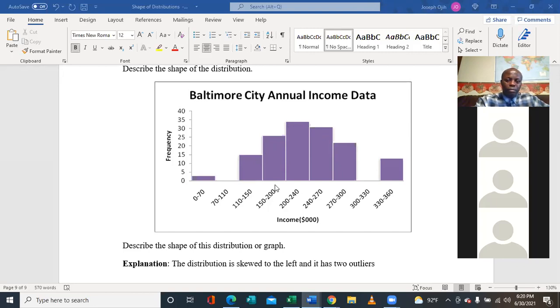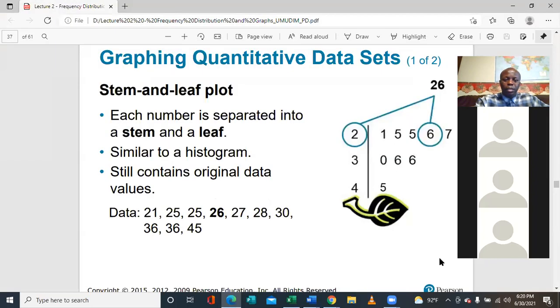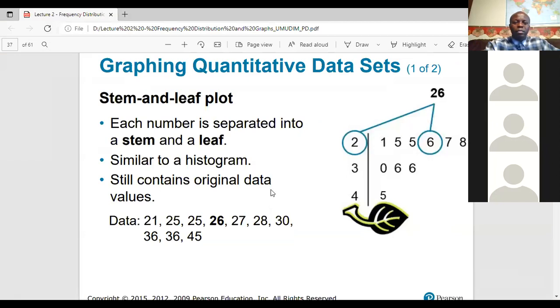That's all the questions? Okay, good. So let us go back to our main work. Today we'll be looking at another data set: the stem and leaf plot. In a stem and leaf plot, we keep the actual data values when showing them graphically.